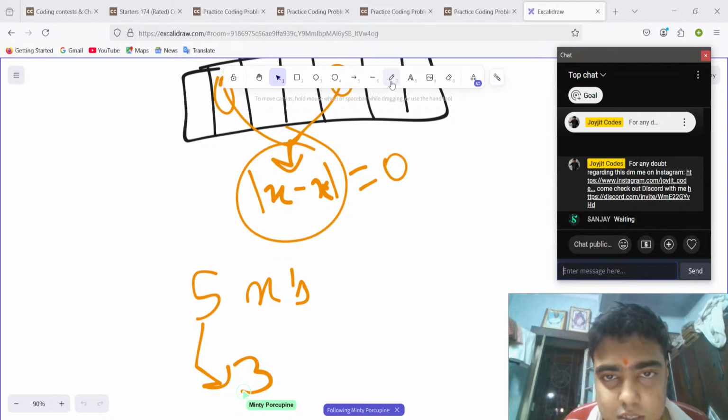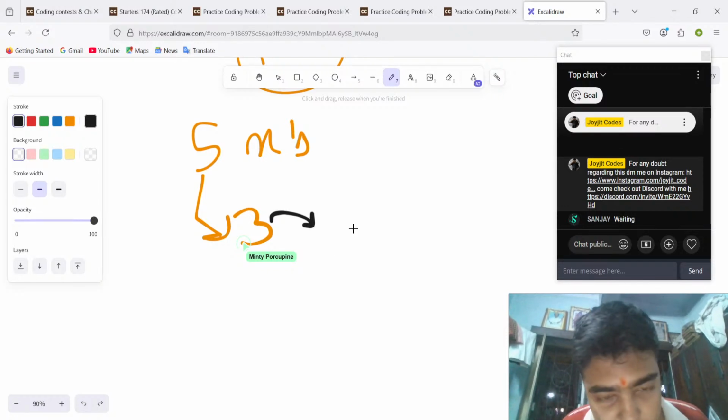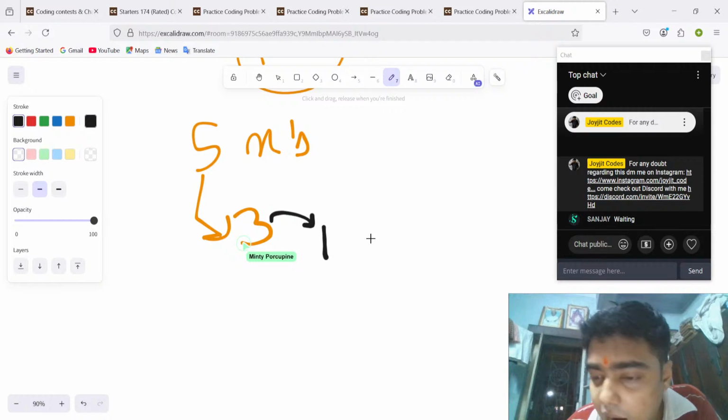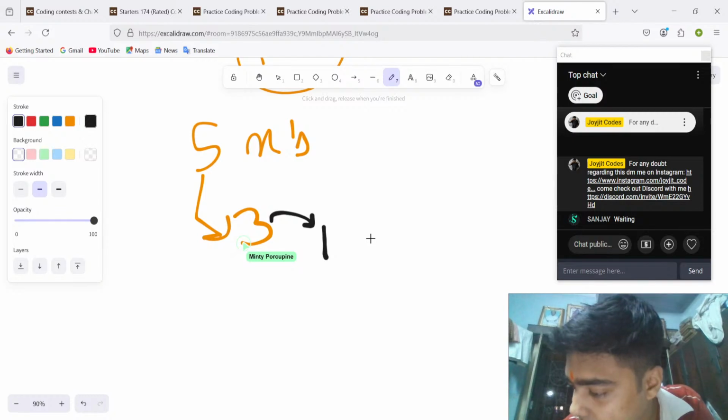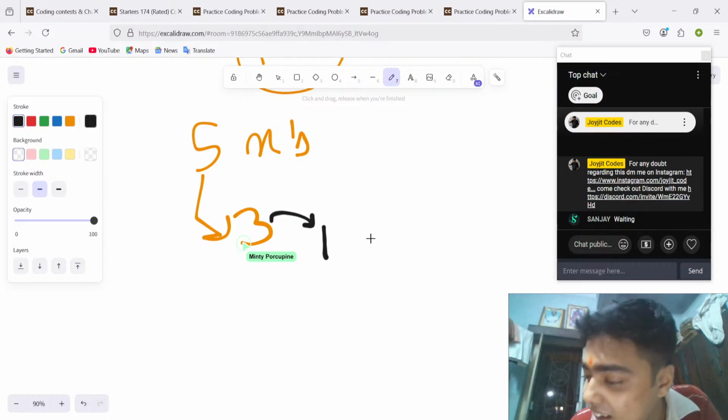Let me do one thing. I'll just write it down like this only. Okay. So after this, we can have, sorry, not 2, we can have 1, because we have reduced it more. Okay. After this, we can't reduce it more, because at a go we can reduce 2 of them. I'll just turn off this Excalidraw. This is too irritating. Okay.